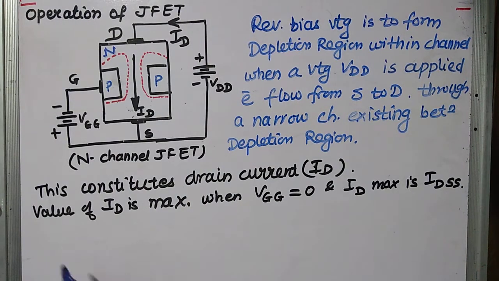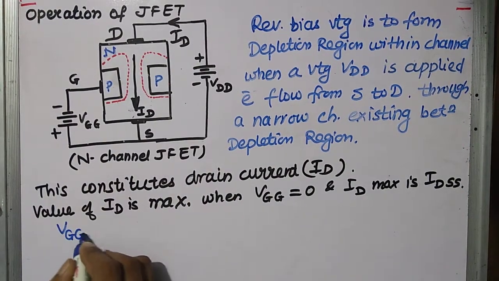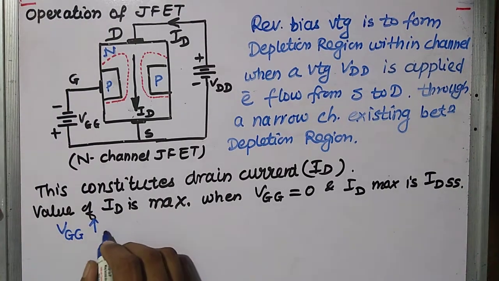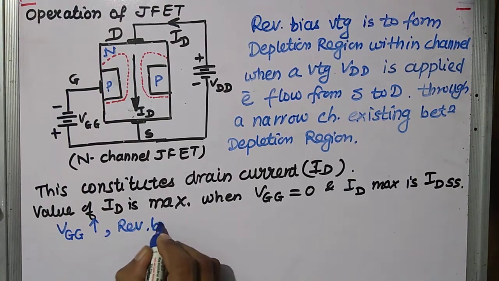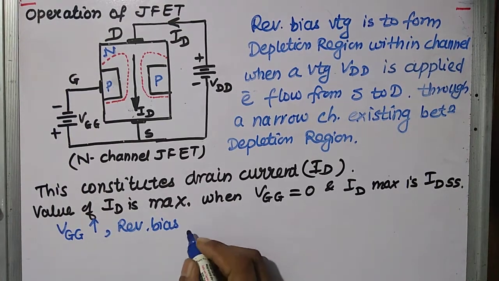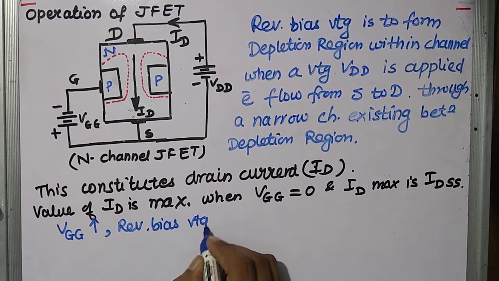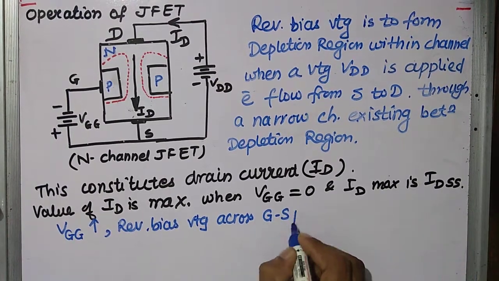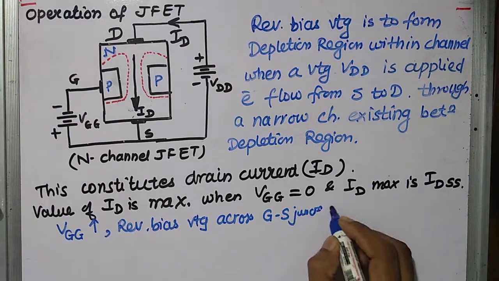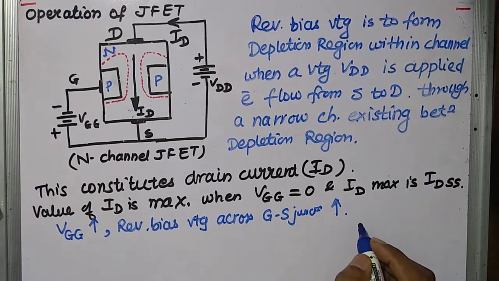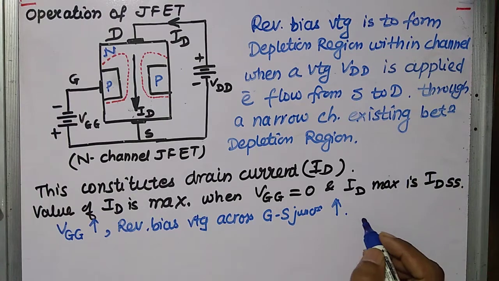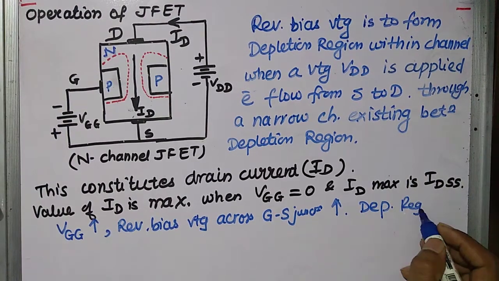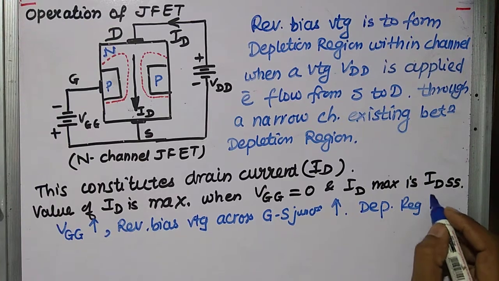So what I am saying, when VGG increases, reverse bias voltage across gate to source junction also increases, and as a result the depletion region also increases.